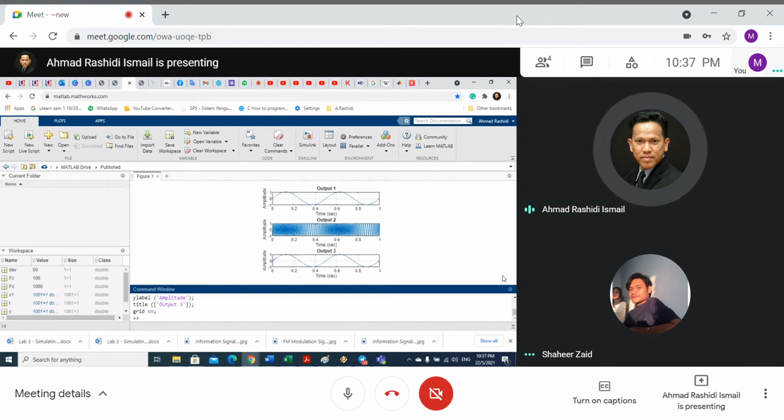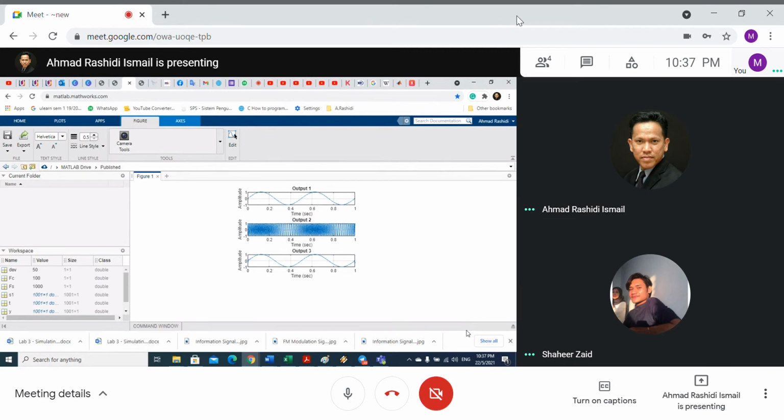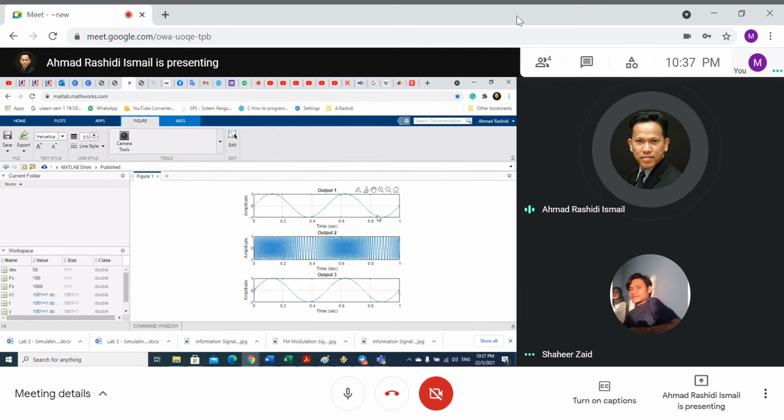this is the result of the signal, where it represents output 1, output 2, and output 3. What we can see is that output 1 represents the information signal or modulating signal, which contains 2 hertz and an amplitude of 1 volt peak to peak.